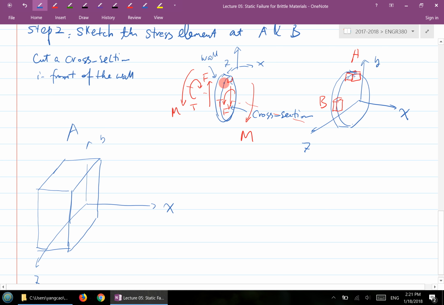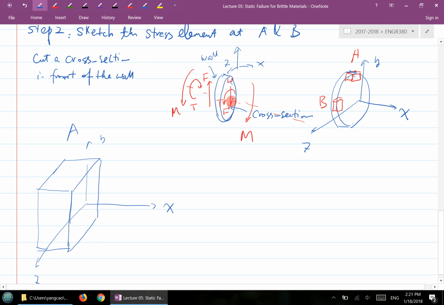So this is basically back to the first lecture. When we have a beam and you have a loading condition, then you have a shear force at each location, right? And the shear force will cause a shear stress, and that shear stress is 0 at the top and the bottom, and maximum at where? At here, right? So you remember that.